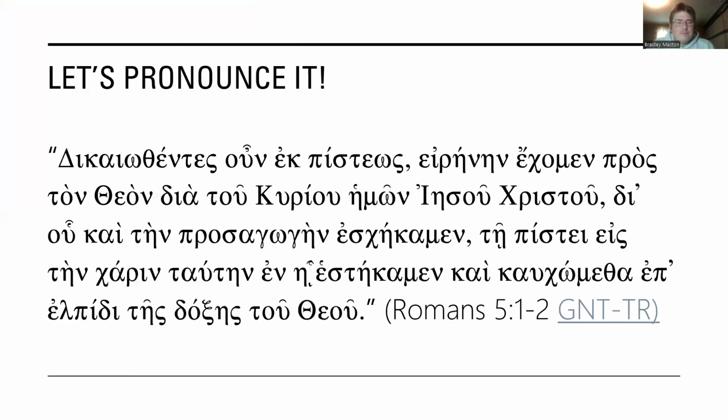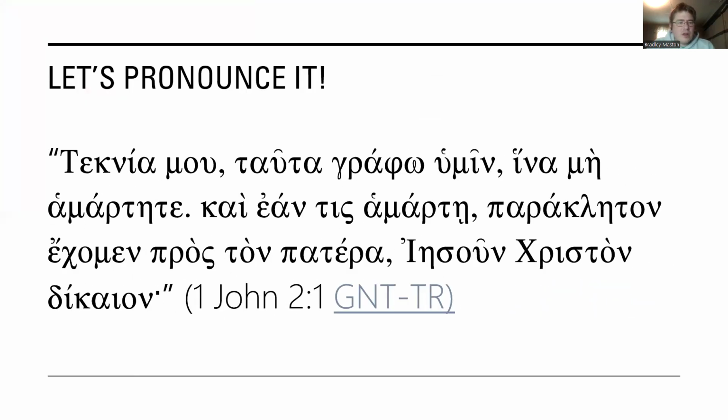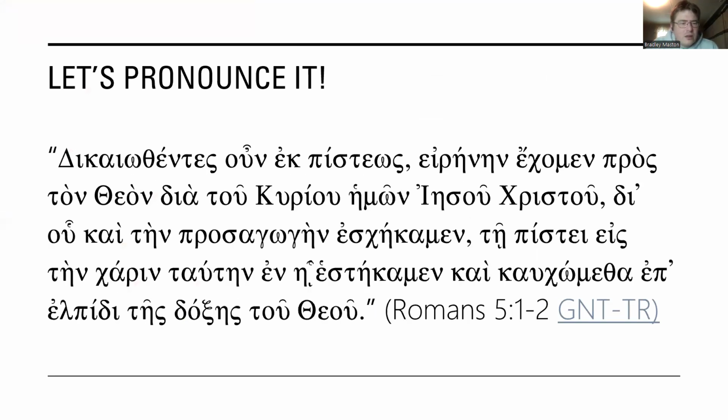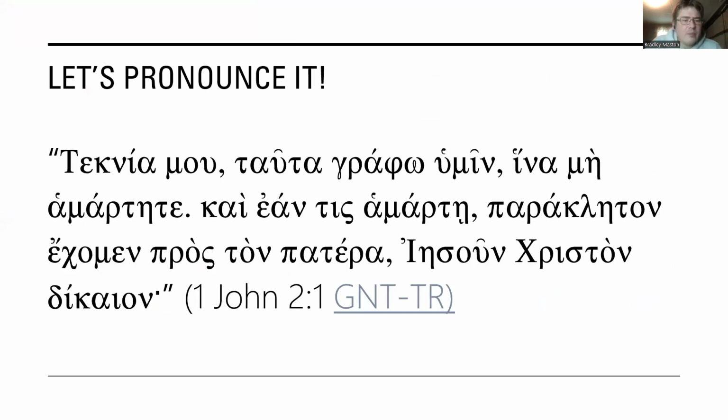These are pronunciation exercises that we'll come back to later, but we'll give you one quick example before we work it together. Here is your accent. So it wouldn't be technia, it'd be technia, mou. Tauta, right? Here's your circumflex. Tauta, not tauta. Grafo, humin. Here's your hard breathing mark, right? It's not umin, it's humin.